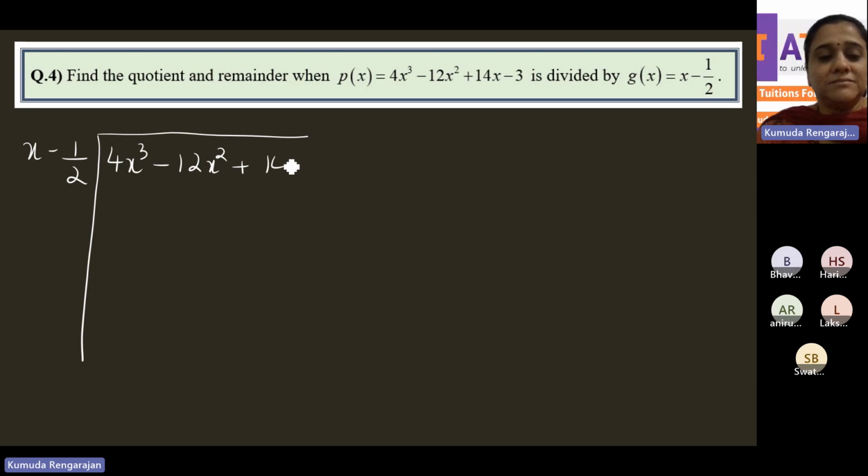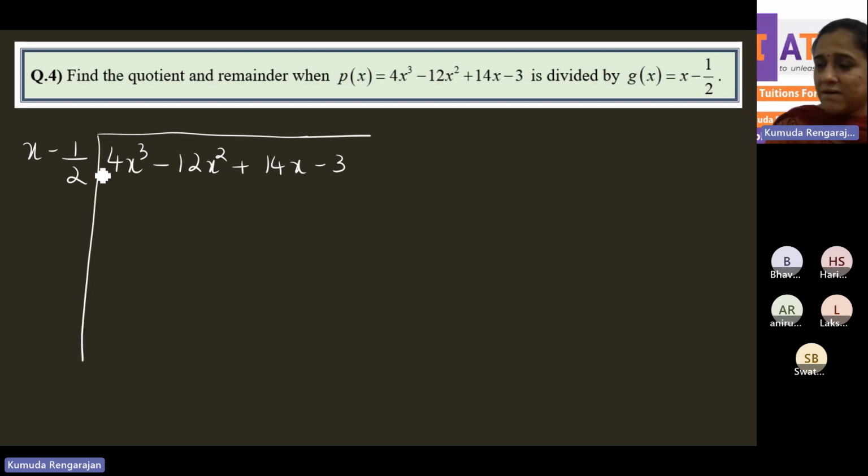All right, children. Very simple. Place the dividend and the divisor in this format. Now important is the terms must be in the descending order of the powers of x. In the dividend, we have the x cube term, then the x square term, then the x term and the constant. So it's arranged correctly.